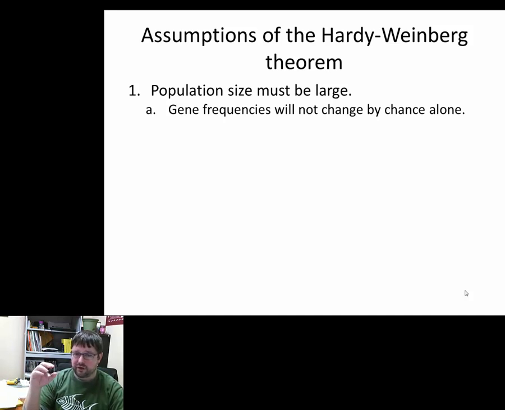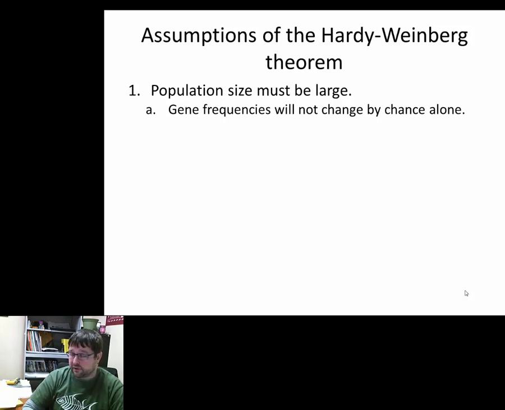Genetic drift, or when gene frequencies change by chance, happens more often in small populations. It's just like flipping a coin. If you flip it 10 times, the odds that you get 50-50 are still 50-50. That's the odds, right? But the chances that you get 5 heads and 5 tails, I urge you to try it. I doubt you're going to get 5 and 5.